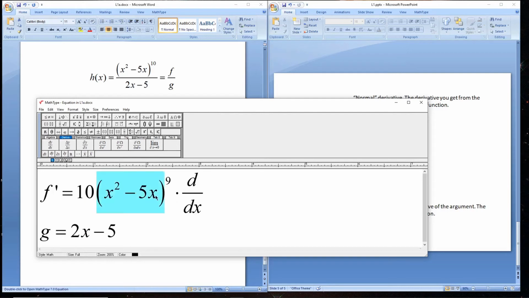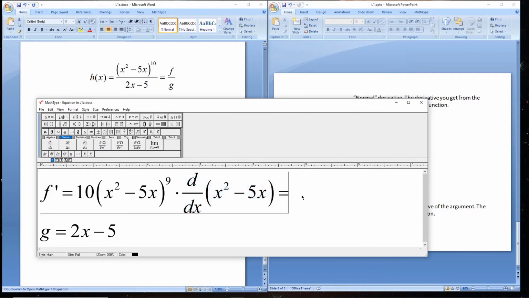And what's the argument? It's x squared minus 5x. That is the argument that's being put into the other power function. And then what is this derivative? I'm just going to put an equals here referring to this part right here.